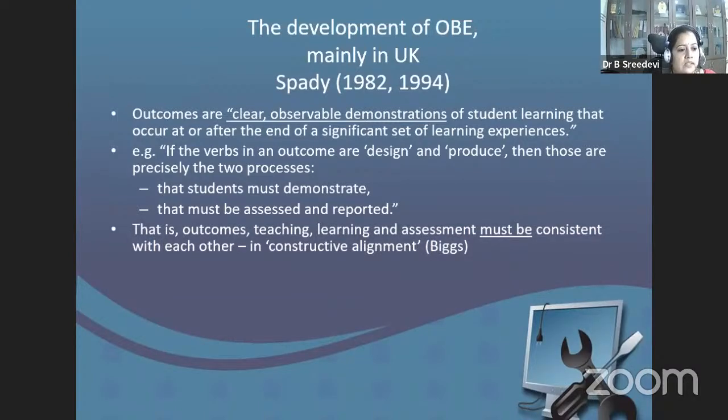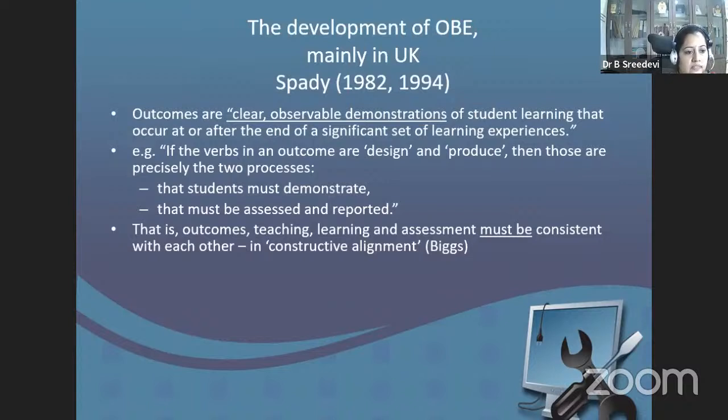He was very much concerned about constructive alignment. So what is constructive alignment? The intended students should be clear about what they are doing and how they should express their way of learning. Here, in constructive alignment, the teaching-learning activities, assessment, and design, all three should be consistent with each other.